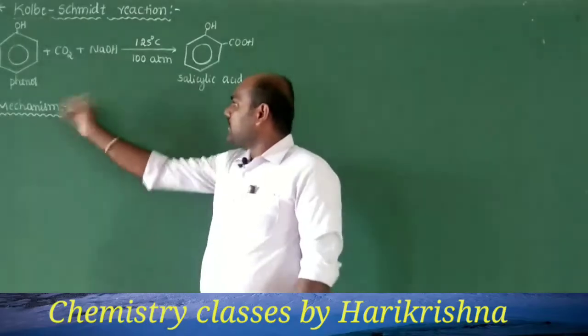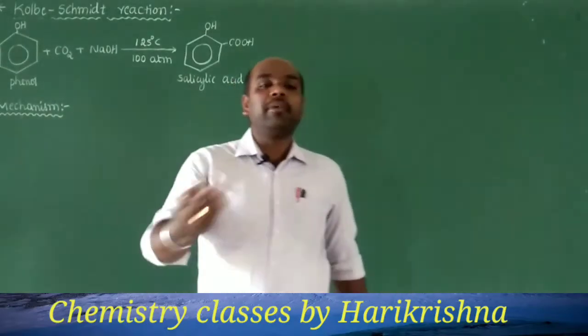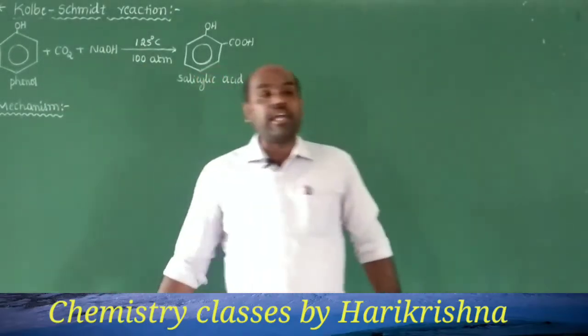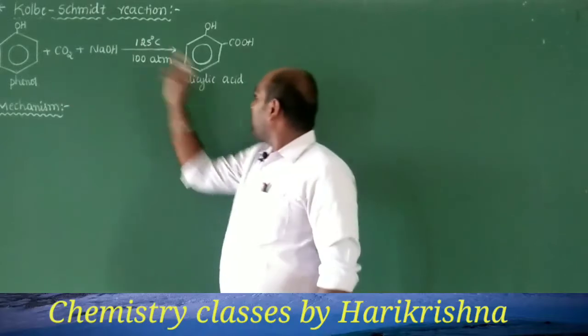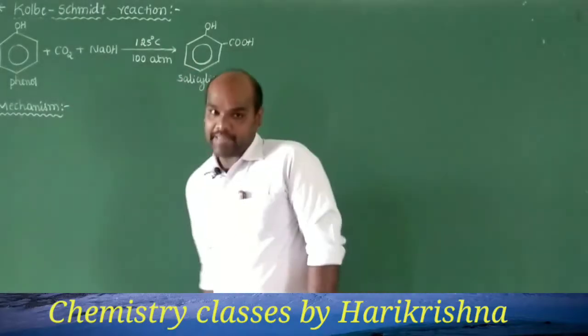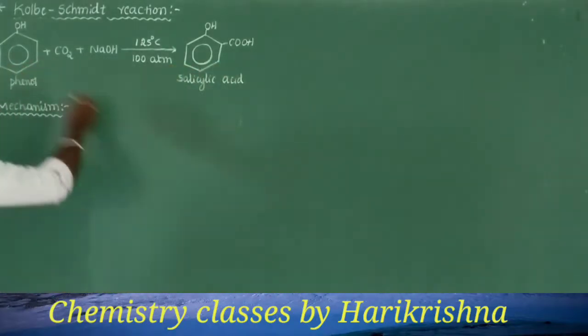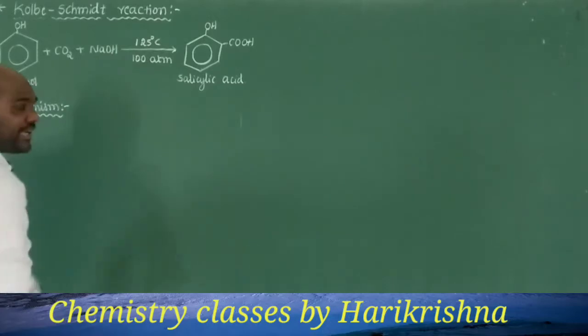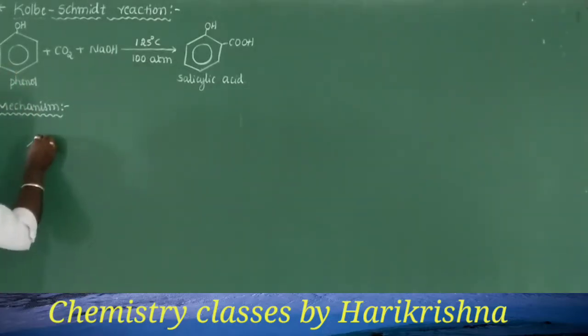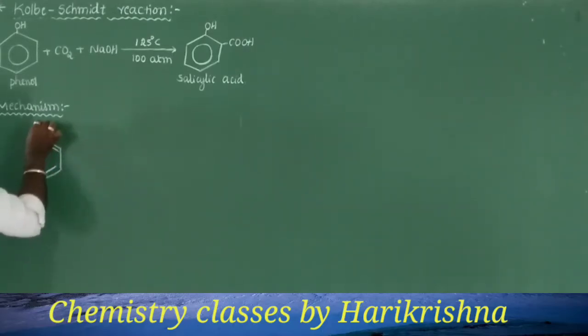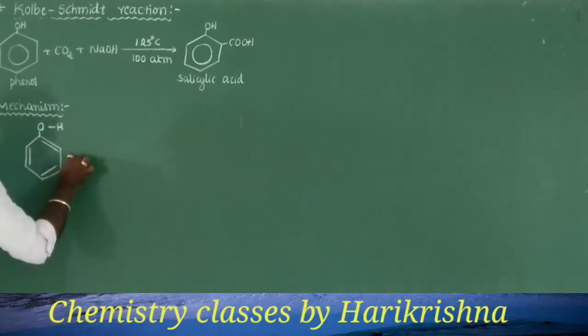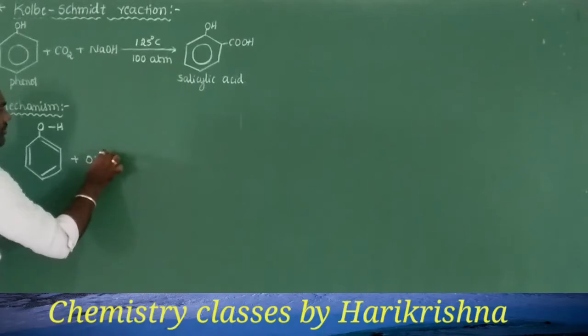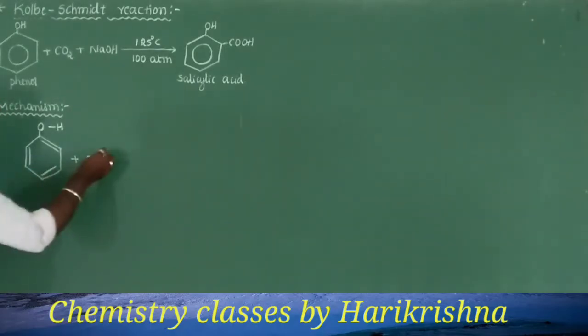Now we shall see the mechanistic pathway that will be followed in the Kolbe-Schmidt reaction for the conversion of phenol into salicylic acid. First, the reaction of phenol with the base will happen. Phenol will first react with the base material, that is OH minus.